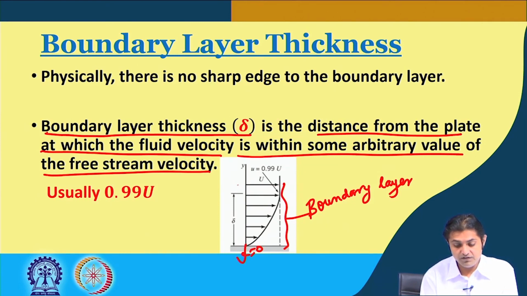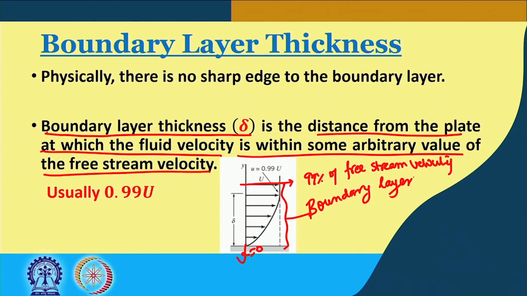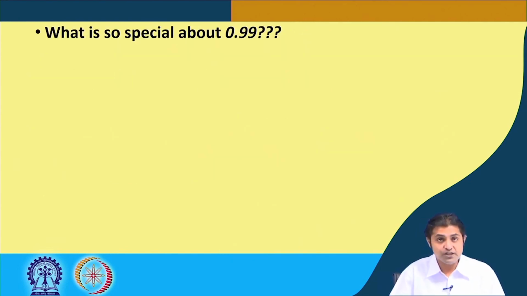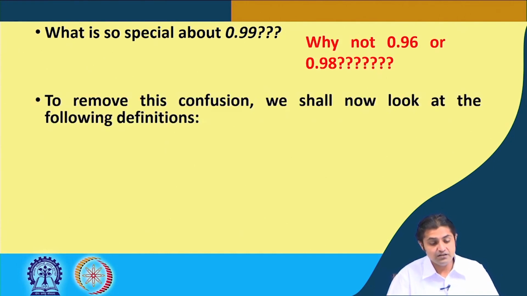So we assume when the velocity reaches almost 99% of the free stream velocity, the boundary layer ceases to exist above that, and that thickness is called the boundary layer thickness. So what is so special about 0.99? Why not 0.96 or 0.98? To remove this confusion, we will now look at some of the definitions.